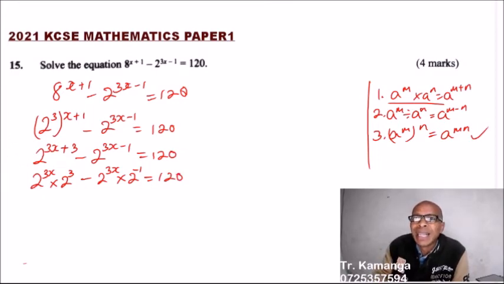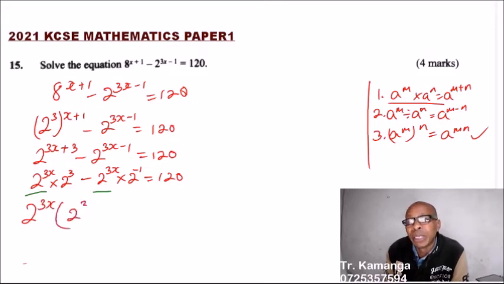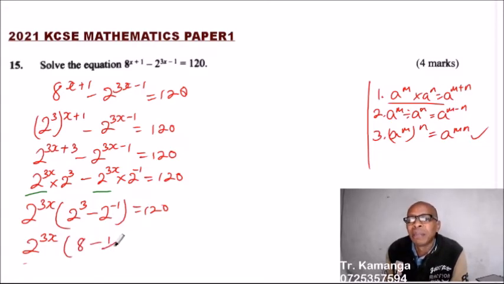Now you can see 2 to the power 3x is common, so we can factor it out: 2 to the power 3x, and in the bracket you are left with 2 to the power 3 minus 2 to the power minus 1, is equal to 120. So this is 2^(3x) times 8 minus 2 to the power minus 1, which is the same as a half, is equal to 120.